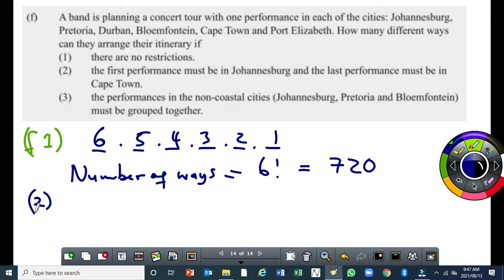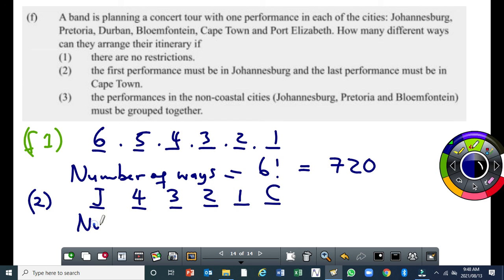Then the next one, can I have your attention? The first performance must be Johannesburg and the last performance must be Cape Town. Now, this one has a restriction. So we fix the first position and the last one. Here you're supposed to have Joburg, which is 1, and here Cape Town, which is 1. So the other 4 cities can take 4, then 3, 2, 1.